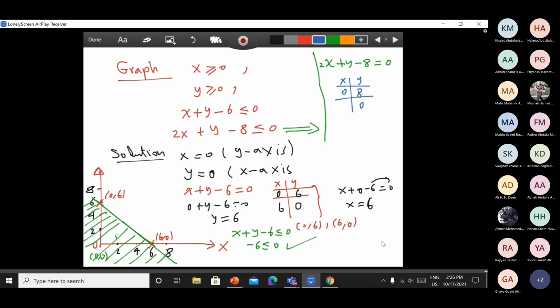If I put y equal to 0, I have x equal to 4. So I have these 2 points, 0 and 8, and 4 and 0. So 0 and 8, this is a point. The other point, 4 and 0, this is 4 and 0. Now I just link these two points together to have the blue line.